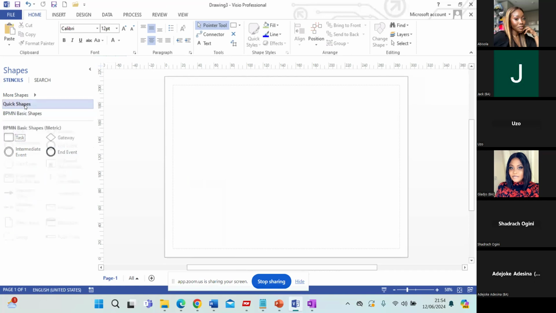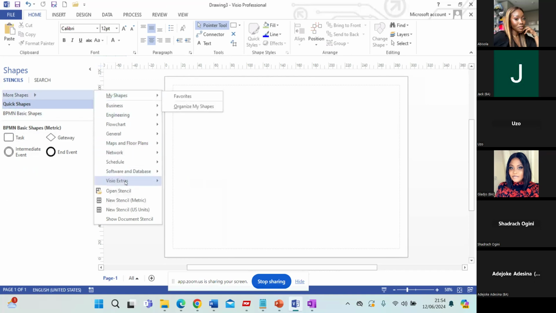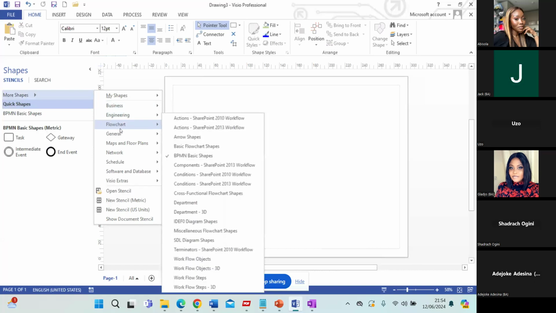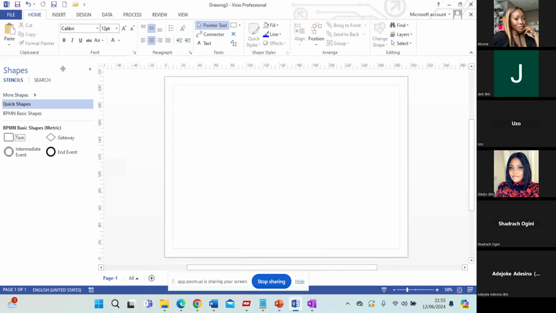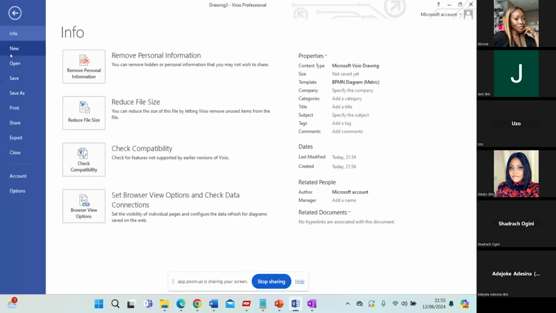If you want more quick shapes, it shows you more shapes. It lists all the different shapes that are here for you. It has loads and loads of them, so most of the time you don't have to search. You have more than enough to create whatever process map you want to. But the one we want is the cross-functional.